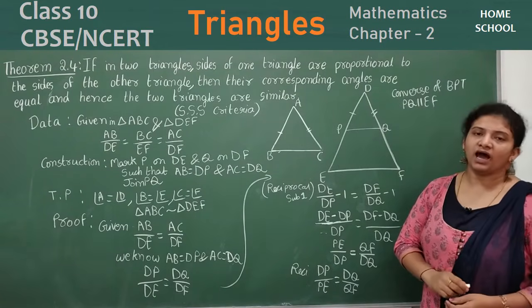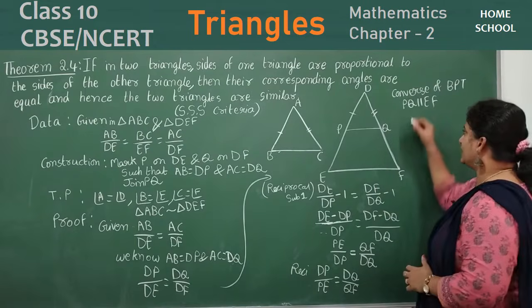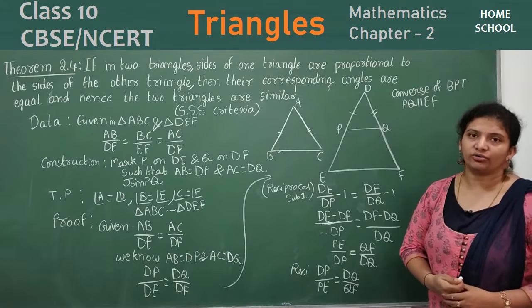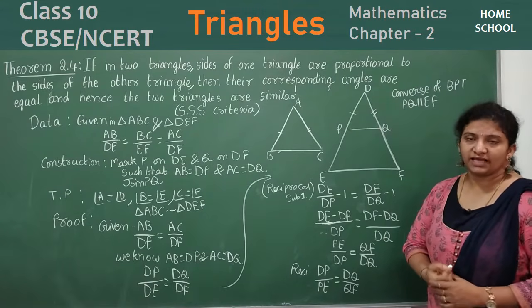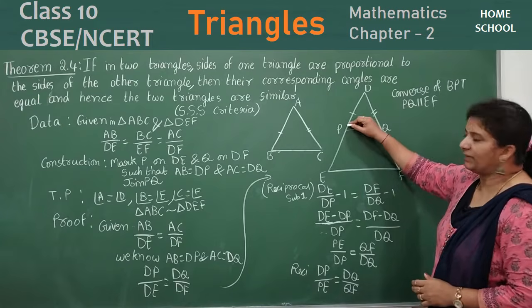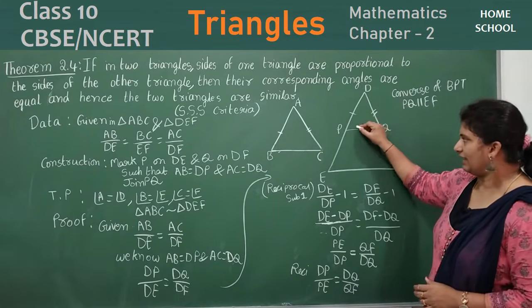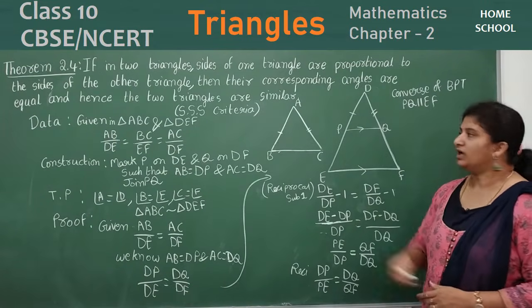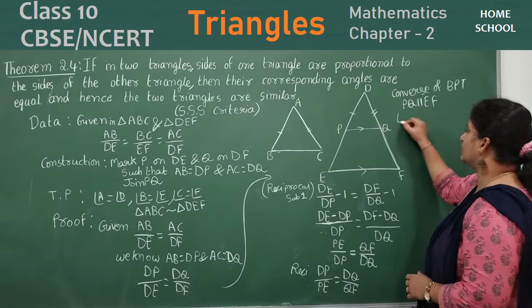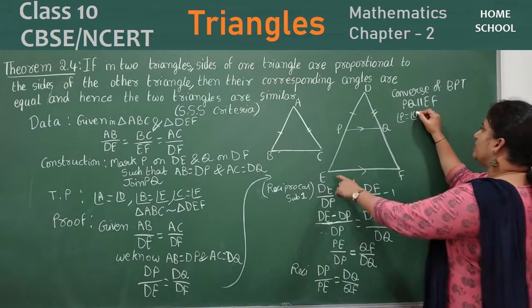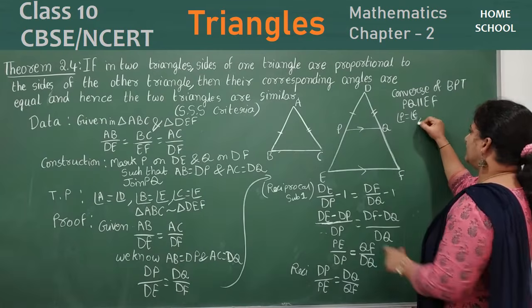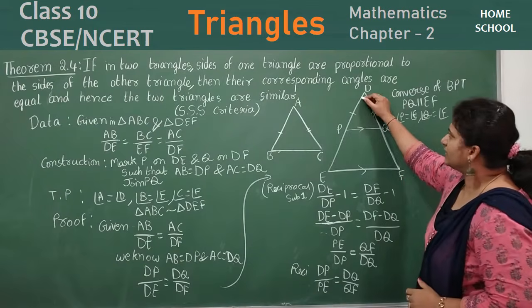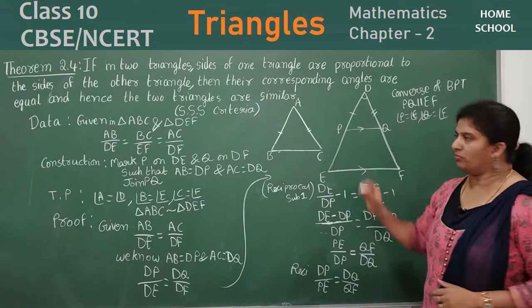Okay, if they are parallel, what can you say now? Given the ratio, the two triangles are similar. How can you say that here, children? If two lines are parallel, then the corresponding angles will be equal. What are the corresponding angles here? Angle P is equal to angle E and angle Q is equal to angle F. Observe here, angle D is equal to angle D, common angle.